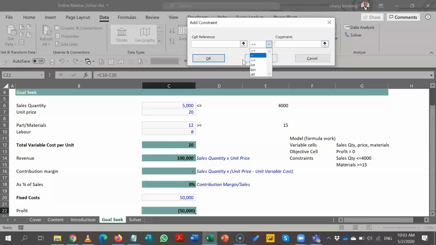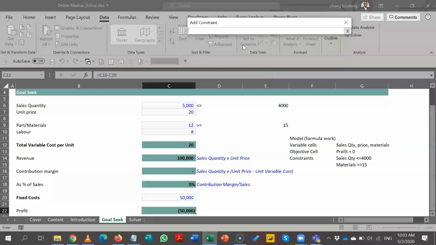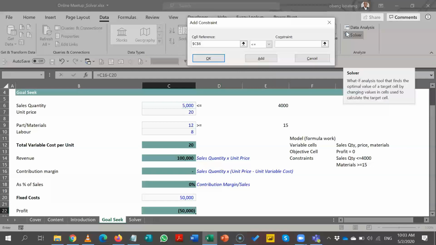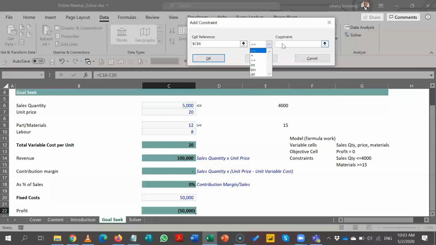So the first one is this 5,000, which cannot be more than 4,000. By this, I'm saying that whatever you put in here, you cannot put any figure more than this. Then you add. Now, when you have more constraints, you click Add.